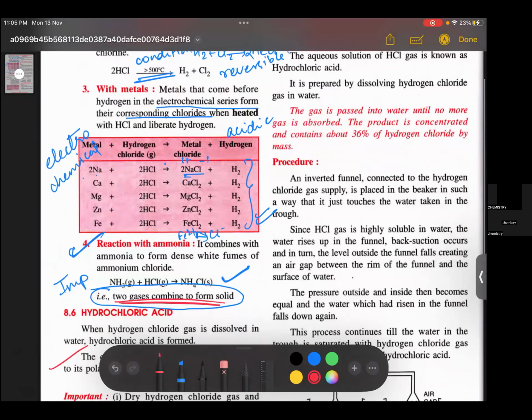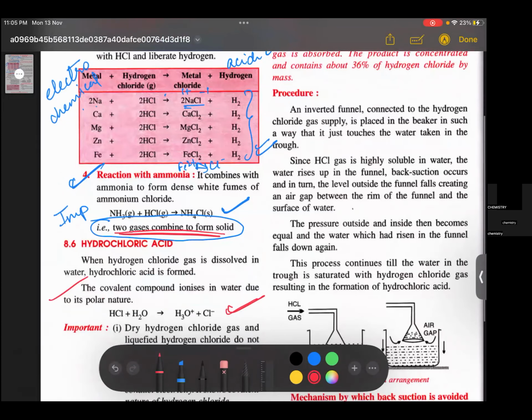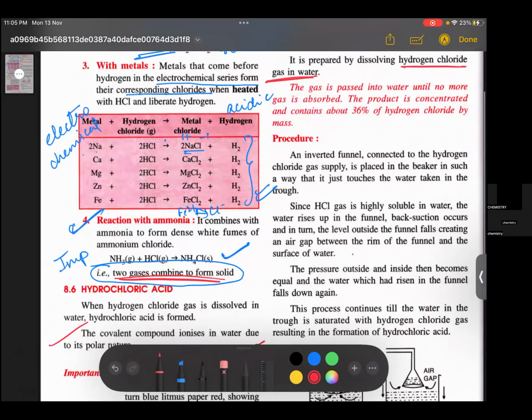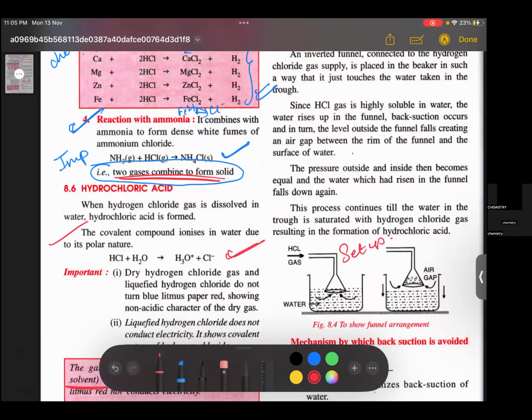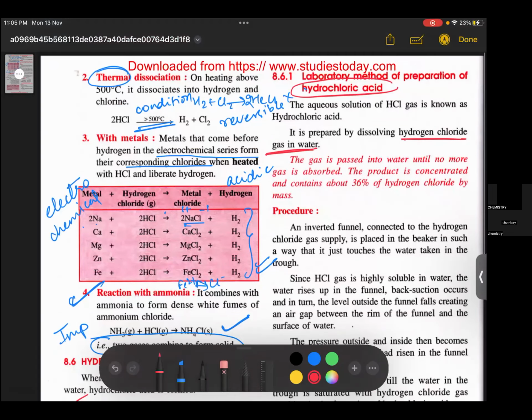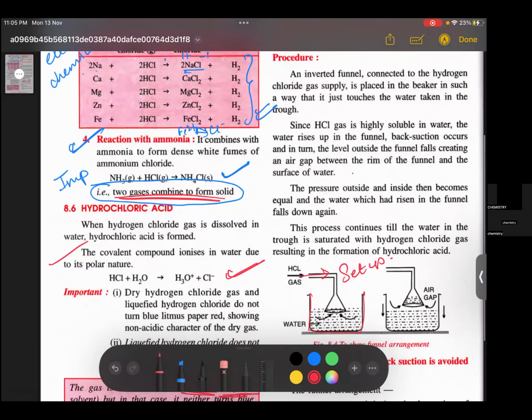We are going to prepare hydrochloric acid using hydrogen chloride gas in water. So this is the setup. Again, setup is important. An inverted funnel connected to a hydrogen chloride supply is placed in a beaker in such a way that it just touches the water.